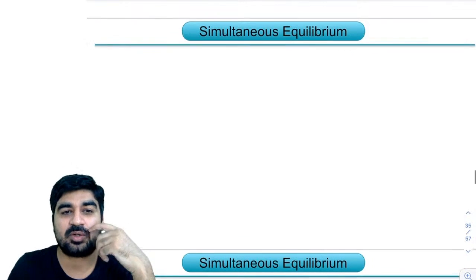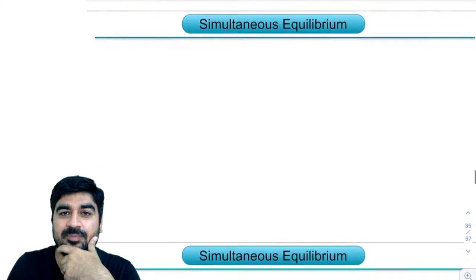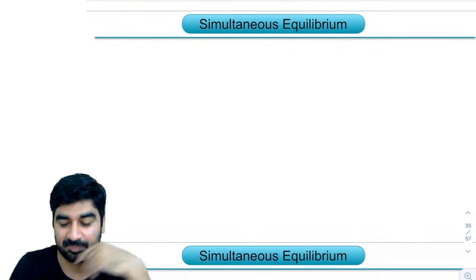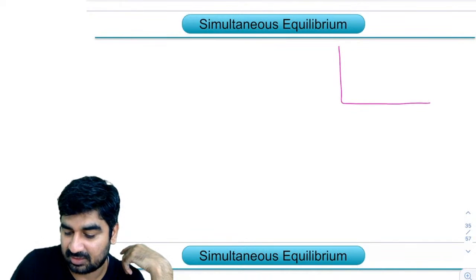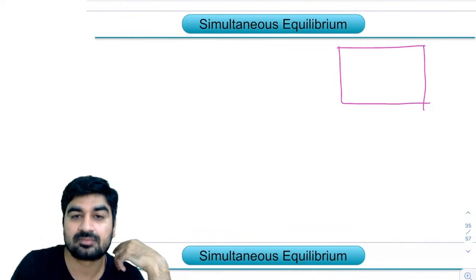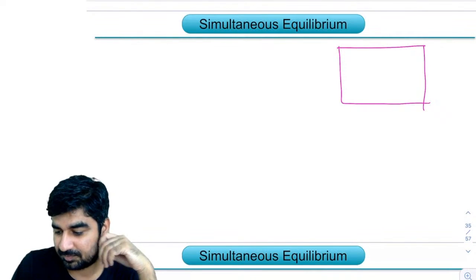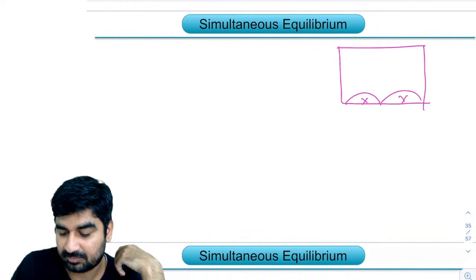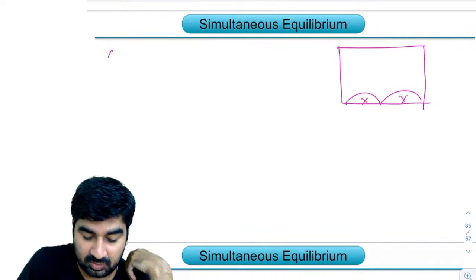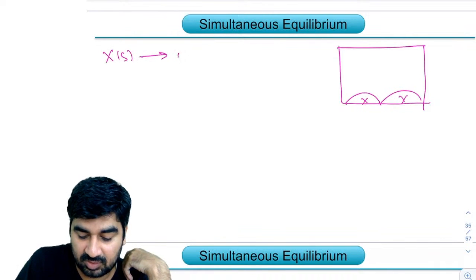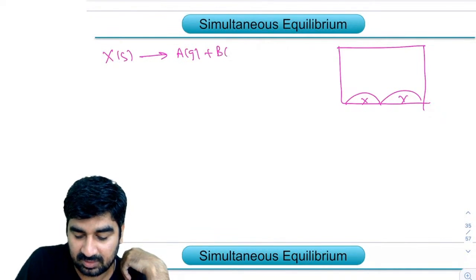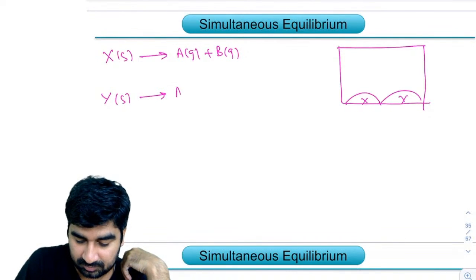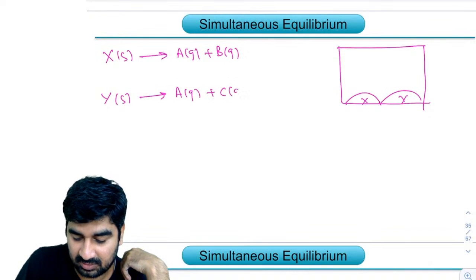So guys, what do you mean by simultaneous equilibrium? Now I'm going to discuss it. Here I'm taking a simple problem. Suppose I take X and Y. When X dissociates, it gives A gas plus B gas, and Y gives A gas plus C gas.